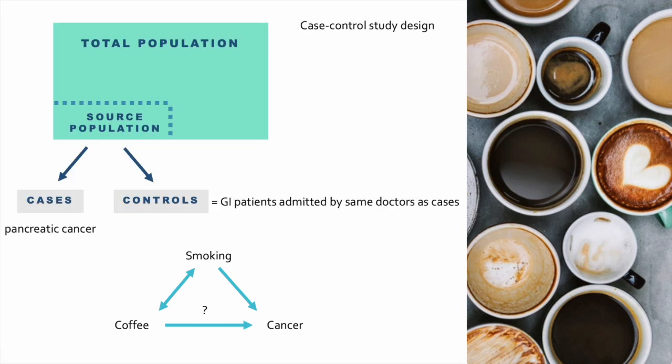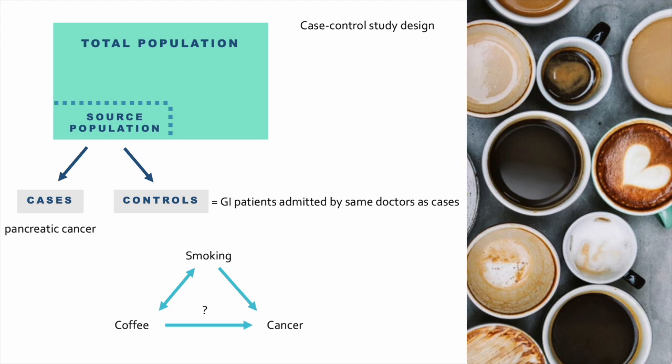This study also had a major design flaw in how controls were identified. The controls were inpatients at the same hospital as the cases, and they were patients who were admitted by the same gastroenterologists who were caring for the pancreatic cancer patients.